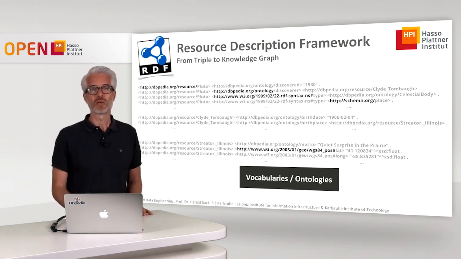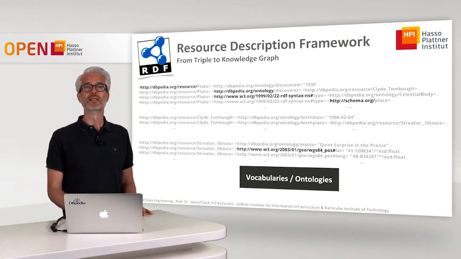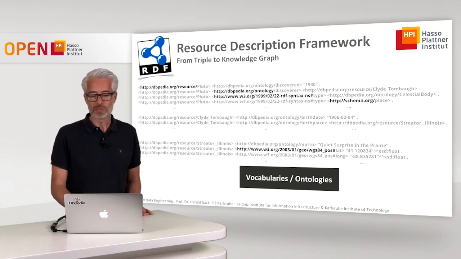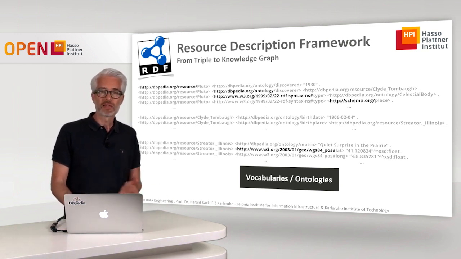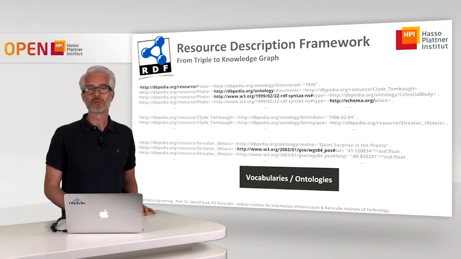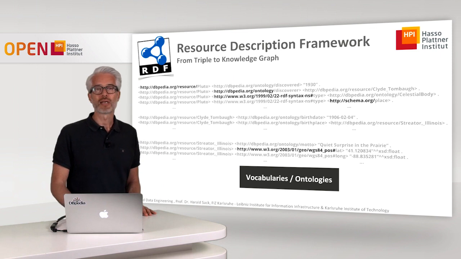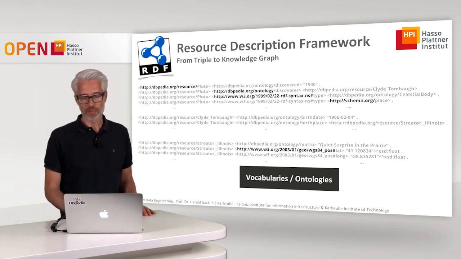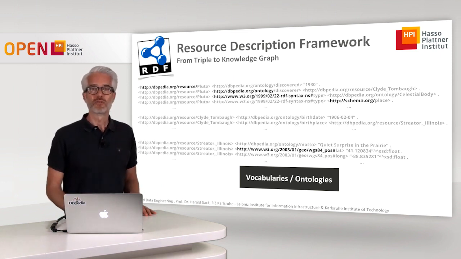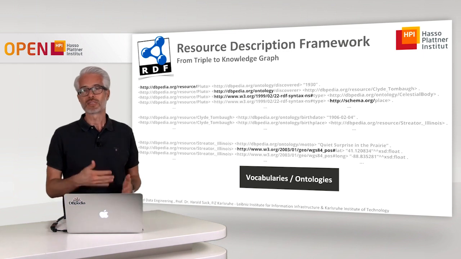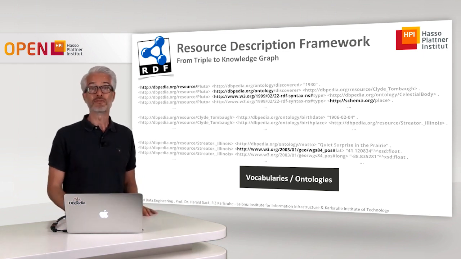So therefore, you will rather often see URIs stemming from DBpedia. And there are other namespaces used, as you see here. Schema.org is used here, or we have the W3 namespace, once for the RDF vocabulary or for the geo vocabulary, where different kinds of properties are defined and can be referenced.